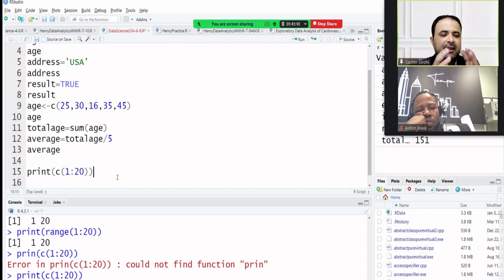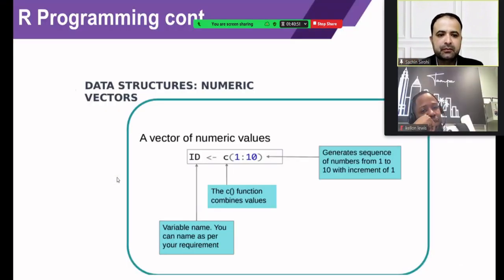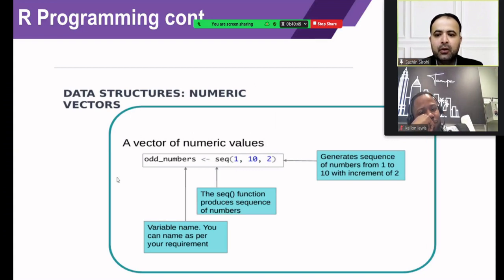So we are just ready. We are creating some basic programs in R programming, and after that, when we are comfortable, we will start some advanced things in Python also: how we can load the data, how we can clean the data. Definitely, we will discuss one by one. Now the sequence is also a function in R. To start from 1 to 10 and print only the number after 2, so we want to skip something.